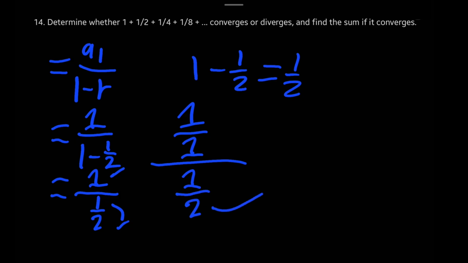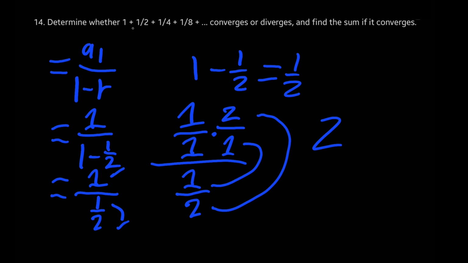Again, we flip and multiply, so we get 1 times 2, which is 2. Interesting. As you can see here, our r is 1/2, and clearly 1/2 is less than 1, meaning it converges to a value, and that value would be 2.